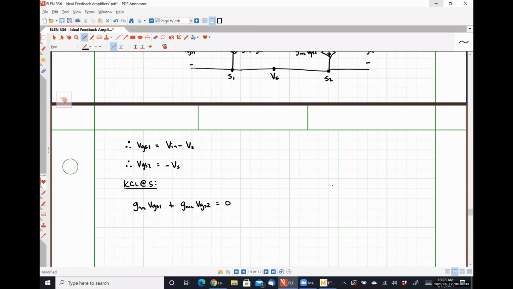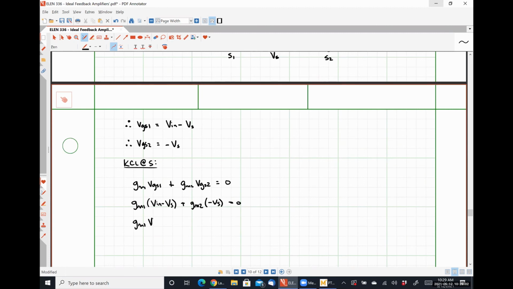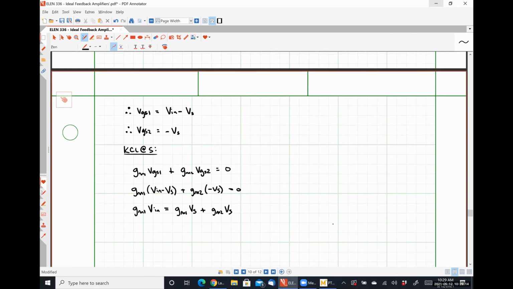And so if I substitute in my relationships for VGS1 and VGS2, I get GM1 times (Vn minus Vs) plus GM2 times negative Vs is equal to 0, or GM1 times Vn is equal to GM1 Vs plus GM2 Vs. And so from this, I can write Vs is simply Vn times GM1 divided by GM1 plus GM2.